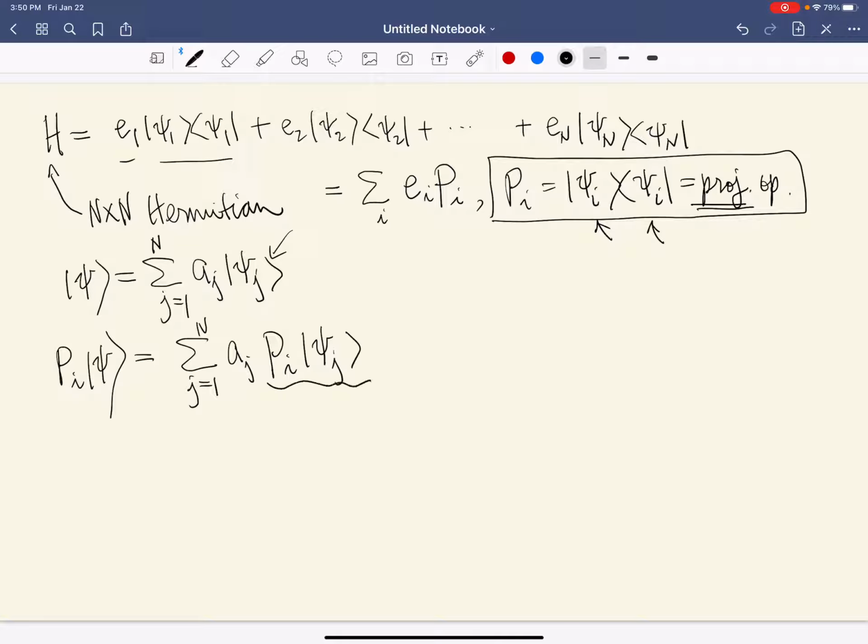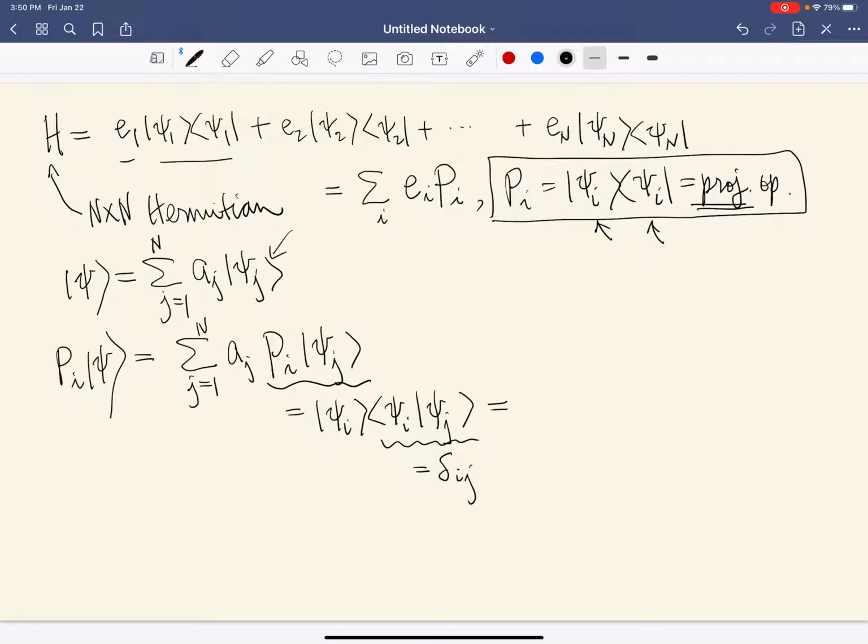Now let's think about the meaning of this mathematical expression. P_i is |psi_i><psi_i|, acting on |psi_j>. Suddenly we have a very simple expression, <psi_i|psi_j>, which we know is equal to a canonical delta function, because the way we have set up these eigenstates is that the different eigenstates are orthogonal to each other.